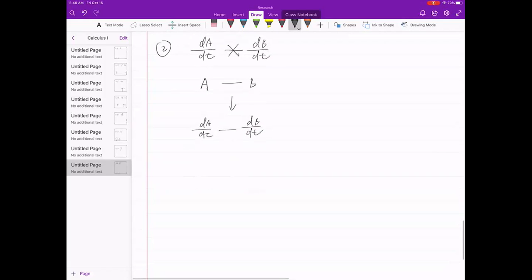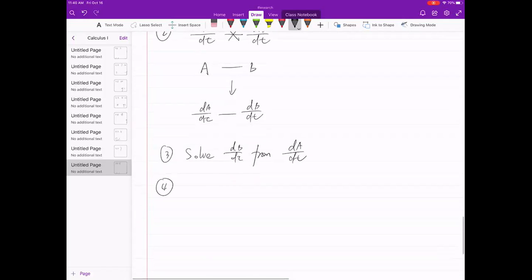Once you have that equation, solve for the rate you want from the rate you know. And when you finish, answer your question in words. This is essential, okay?